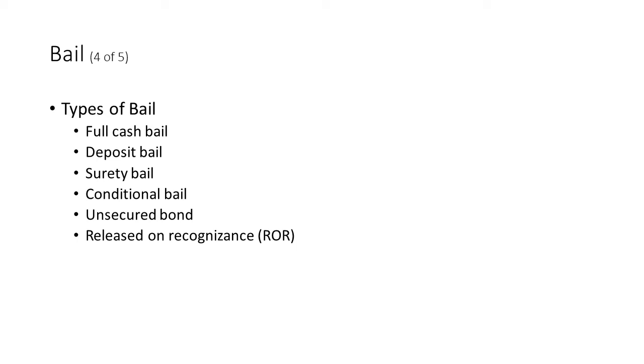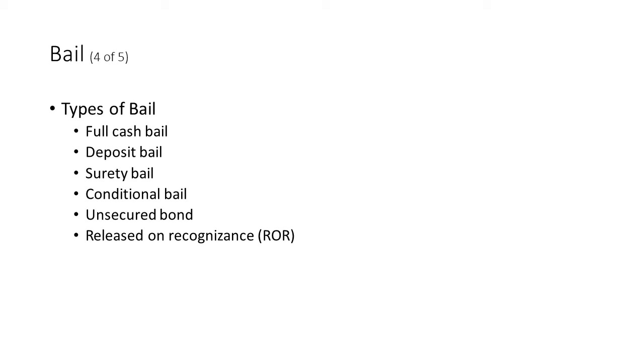There's deposit bail, not so common here. The defendant deposits a percentage of the bail, not the full amount of bail. And when the defendant appears in court, that could be returned. If not, they're responsible to pay the entire amount. So if the court sets bail at, let's say, $10,000, they only have to put a percentage, 10%, so they pay $1,000.